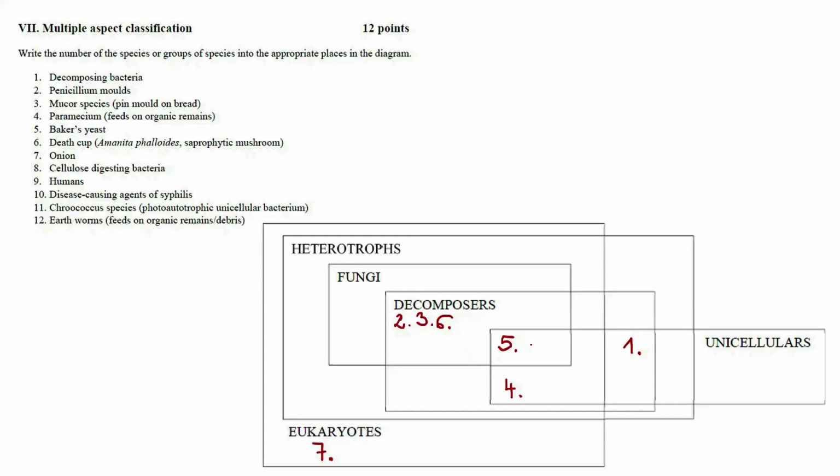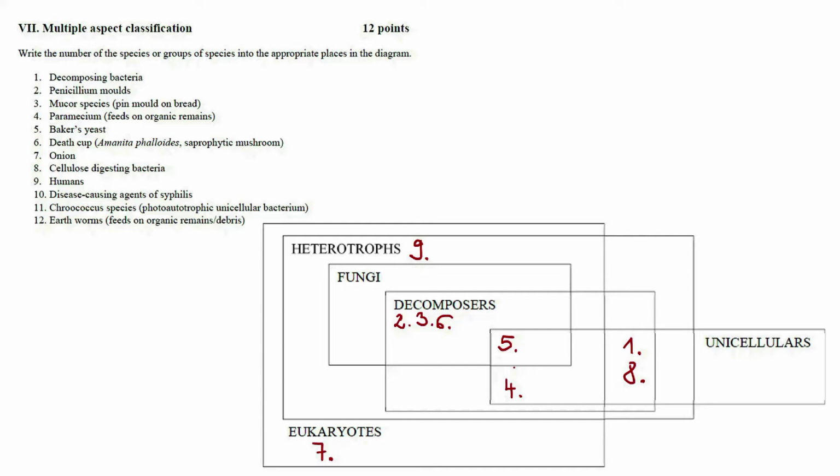So number 8 must be written next to 1 here. Number 9, humans, eukaryotic organisms and heterotrophs. So I just put humans here. 10, disease-causing agent of syphilis.